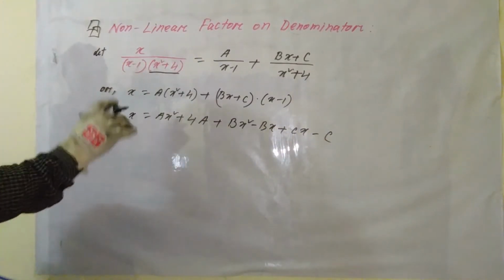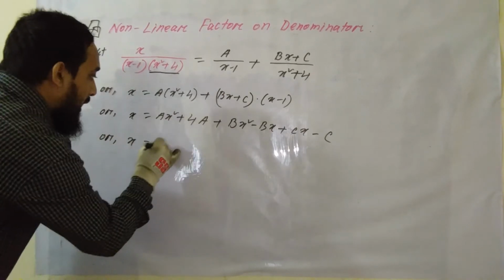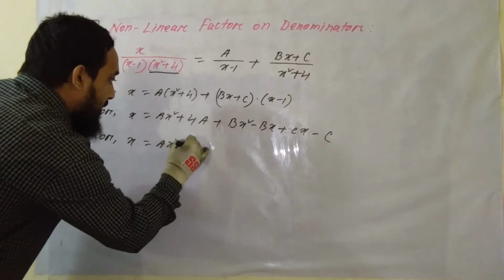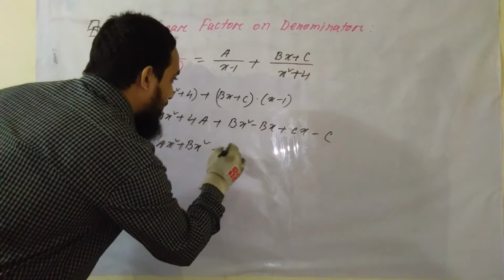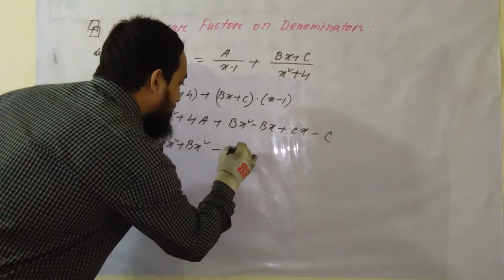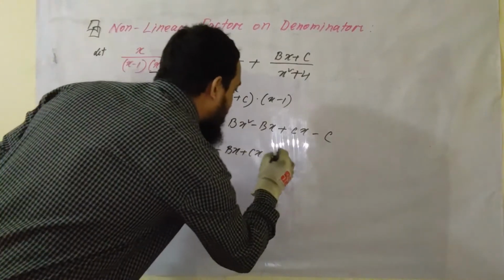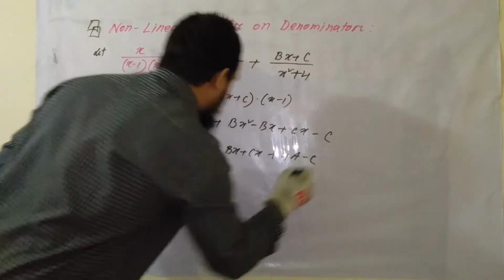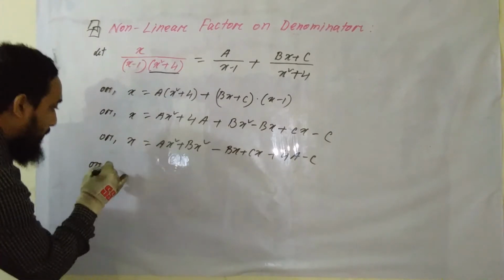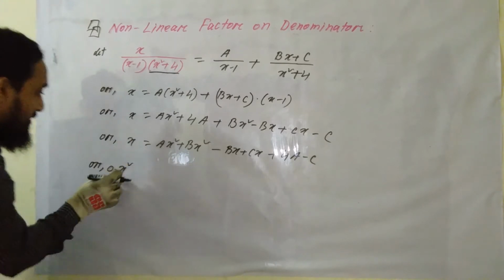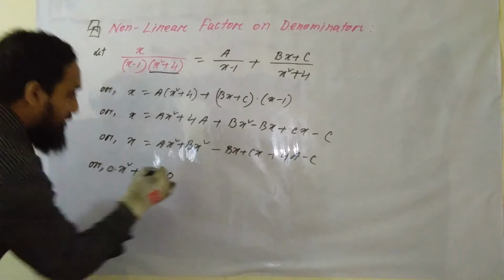Now we write them together: x is equal to ax square plus bx square, now for x, minus bx plus cx, and constant term plus 4a minus c. So we take common. 0x square plus x plus 0, where 0 is the constant.